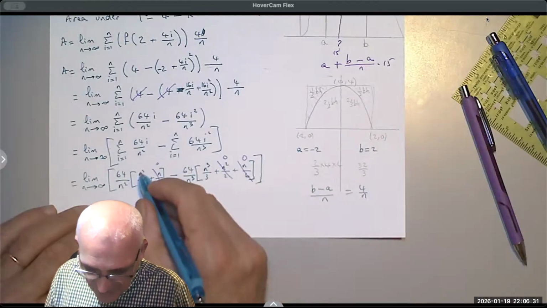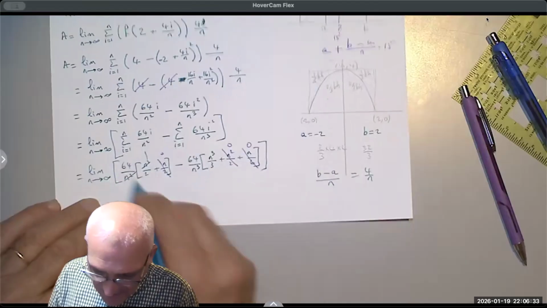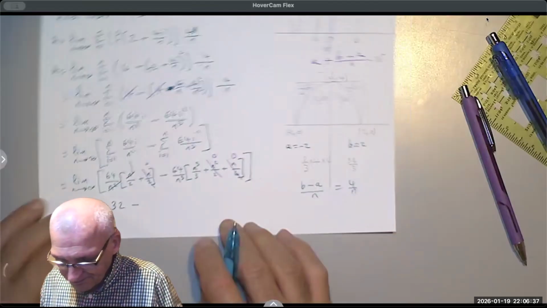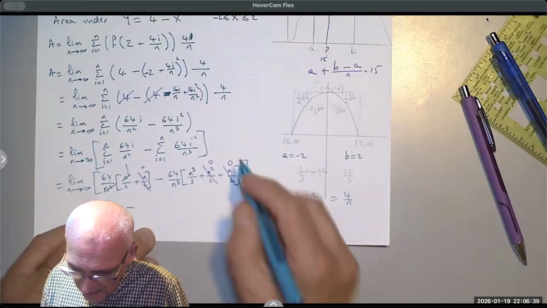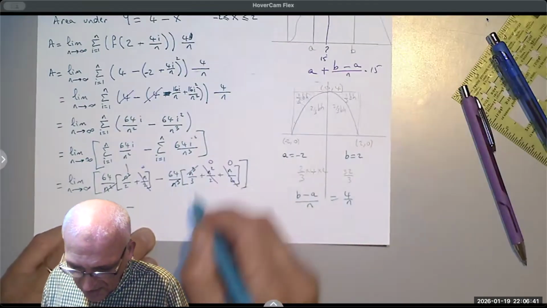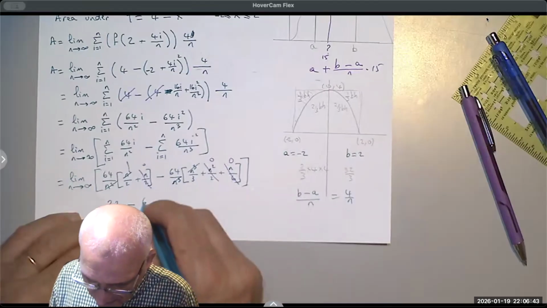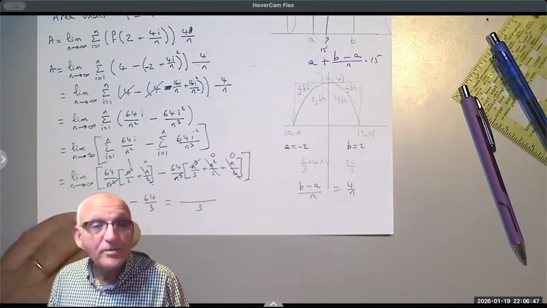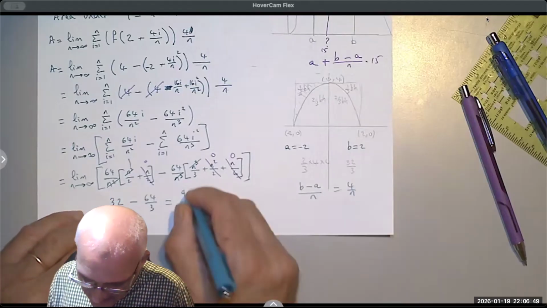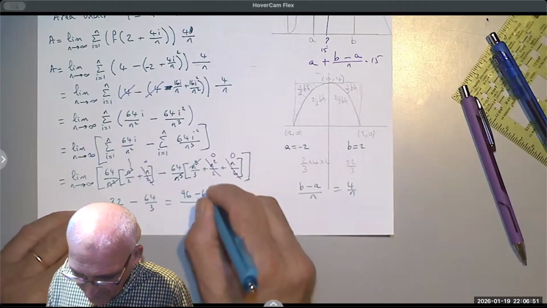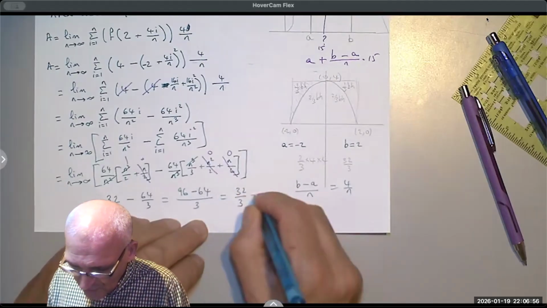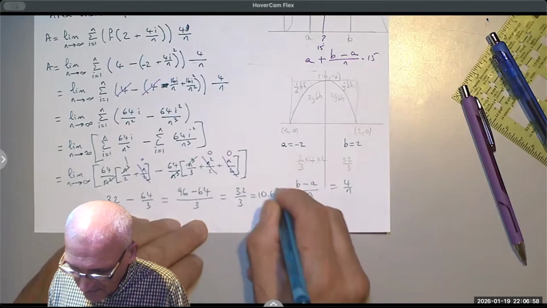Well, the limit of n squared over n squared is 1, and you get 64 over 2, which is 32, minus n cubed over n cubed is 1, 64 over 3, equals, if I take a common denominator of 3, I get 96 minus 64 over 3 equals 32 over 3 equals 10 and 2/3.